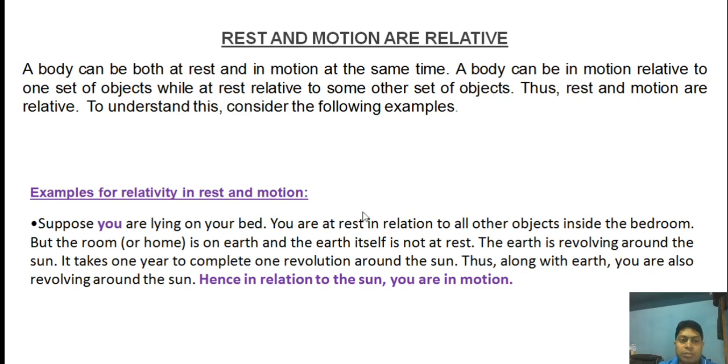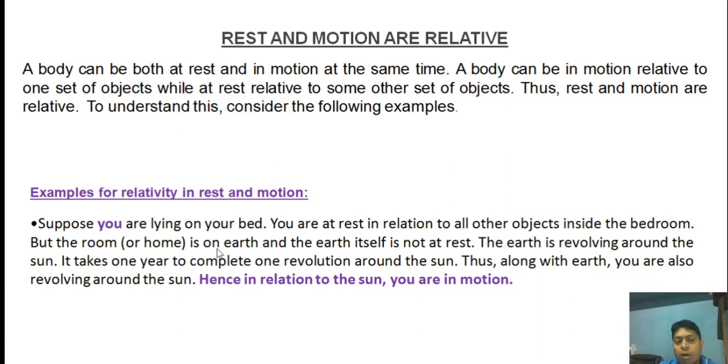So now let's see. Suppose you are lying on your bed. That means you are at rest in relation to all other objects inside the room. As you are lying on your bed, you are at rest inside the bedroom.